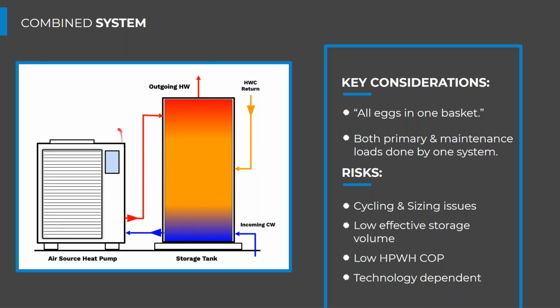If we're sizing with just one heat pump, it might cycle really quickly to reheat the circulation losses and then have a more appropriate cycle when we're heating for our primary load. So it's important to add staging to your design if you have a combined system.